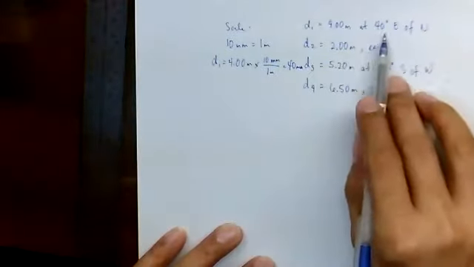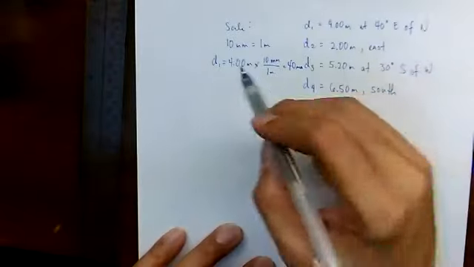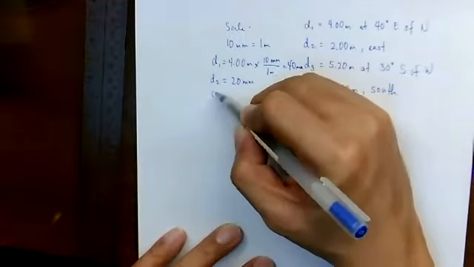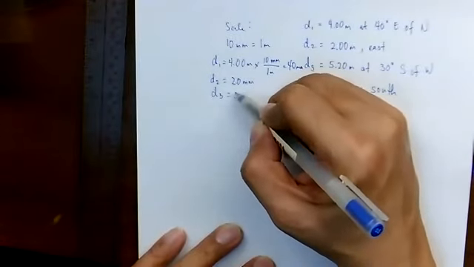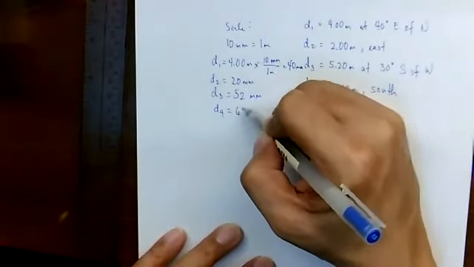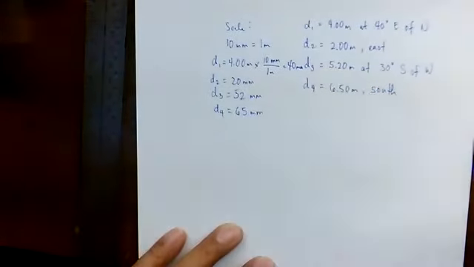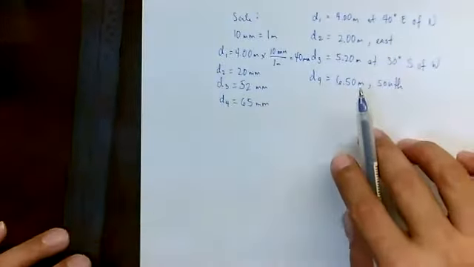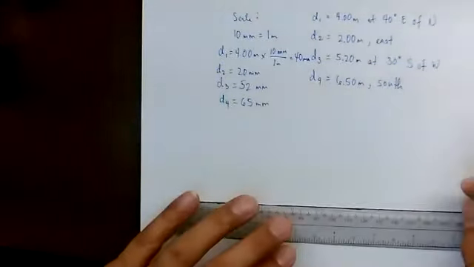The direction remains the same at 40 degrees east of north. D2 becomes 20 millimeters, D3 becomes 52 millimeters, and D4 becomes 65 millimeters. These are the scaled down magnitudes of the different vectors.